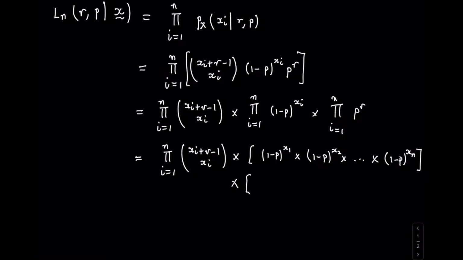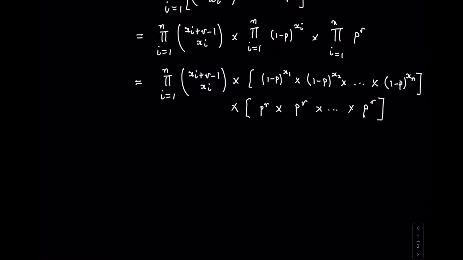And then for the last term, although there is no dependency on the index, we still have a product from i equals 1 to n, and that means we need to multiply that p to the r by itself n times, if you want to think about it like that.